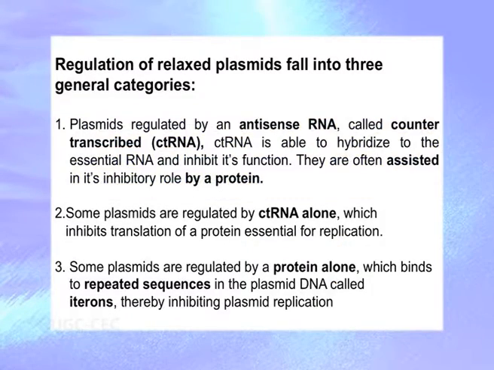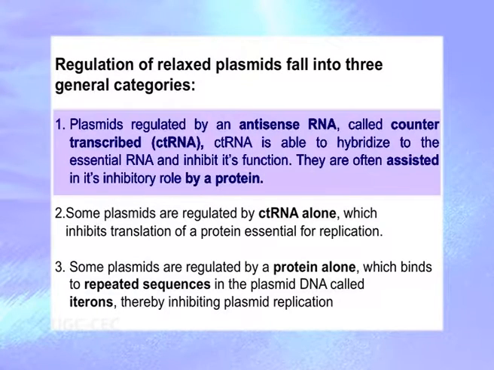So broadly, we can say that there are three different categories to control the copy number of a plasmid. Number one category comprises the control mechanism where the control is executed by a counter-transcribed RNA or an antisense RNA, which is responsible for inhibiting the initiation of replication of a plasmid.